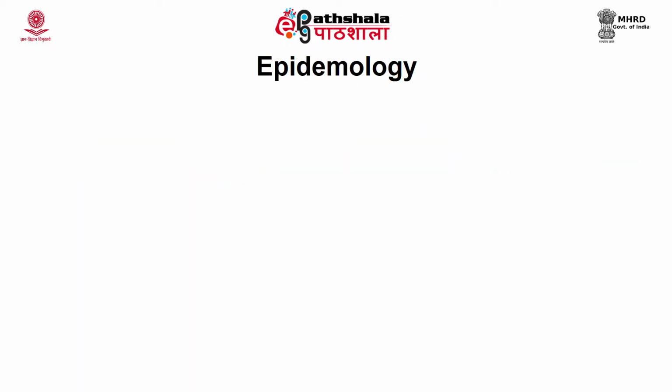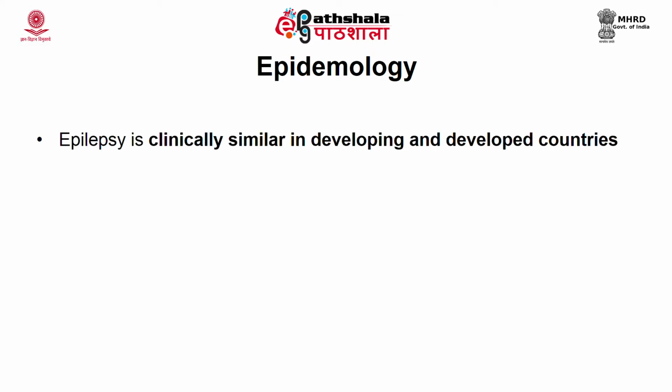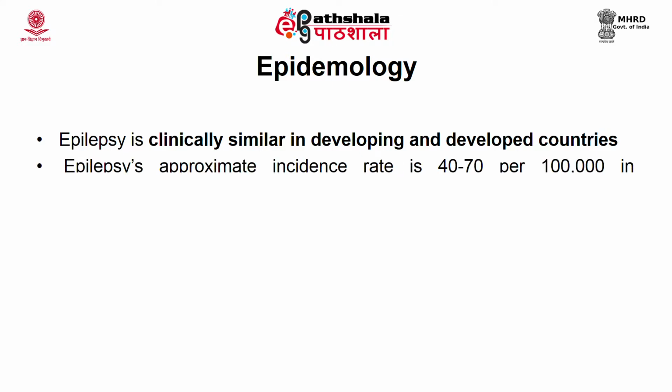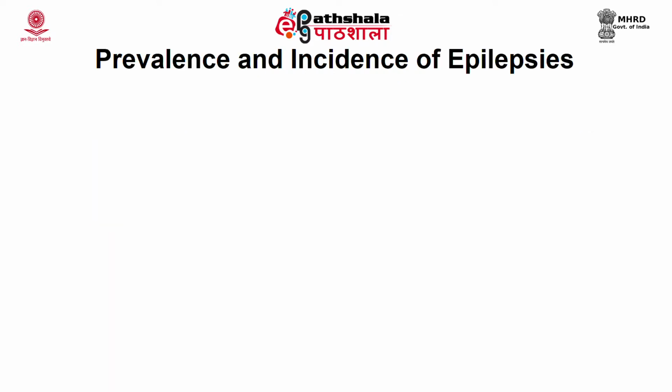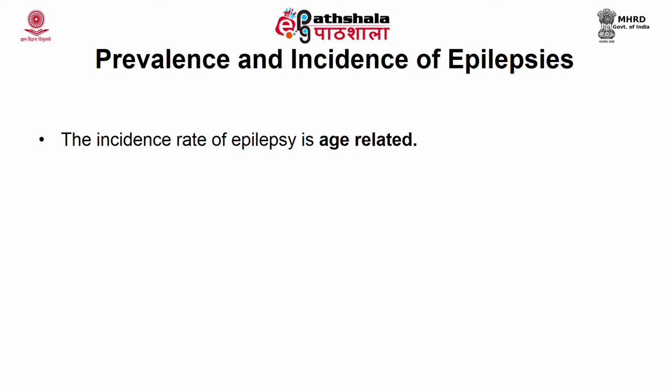If we look at the epidemiology, then epilepsy is similar in developing and developed countries. However, epilepsy incidence is more in underprivileged countries rather than in the developed countries. If we look at the prevalence of epilepsy, then it is seen that it is age related.